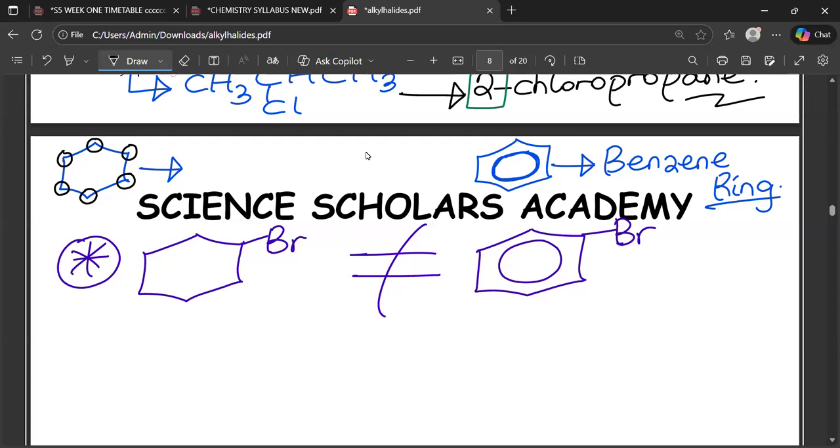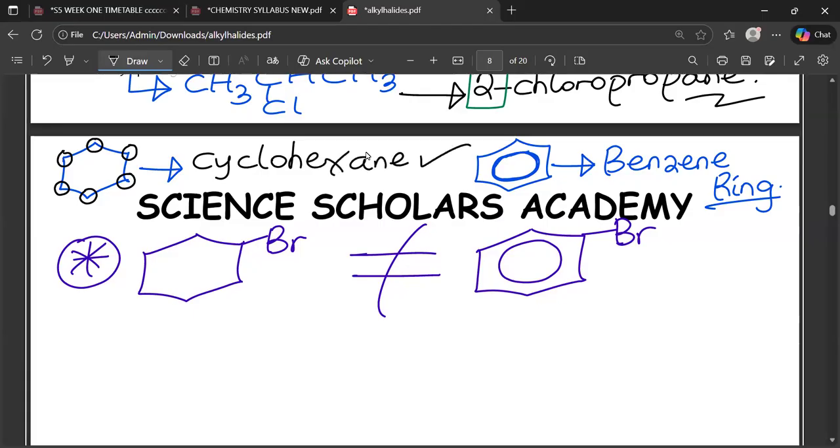So it will be hexane. It will be an alkane, and because of the 6 carbons, it will be hexane. But since those carbons are in a circle, they are forming a cycle. It is cyclo. So we call it cyclohexane. I don't know if you people are understanding.